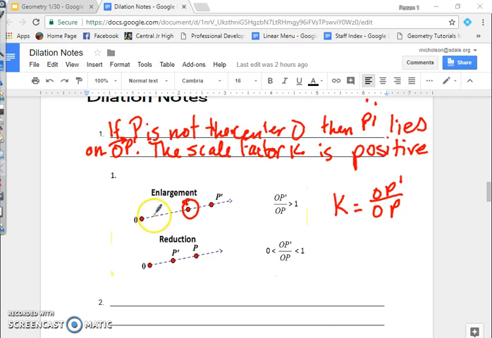If this distance from O to P prime is bigger than O to P, you're going to have an enlargement. Your scale factor is going to be greater than 1. If your O to P prime is less than O to P, then it's going to be a fraction between 0 and 1, but it's still going to be positive.